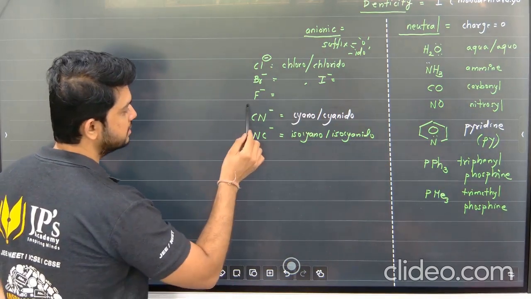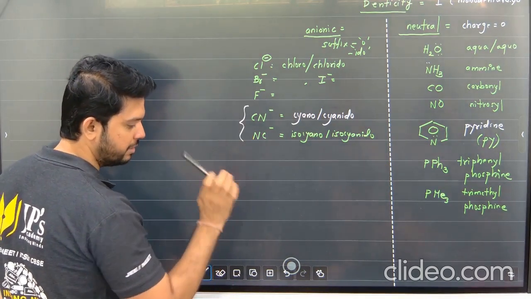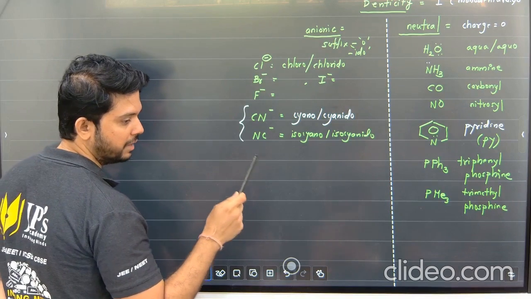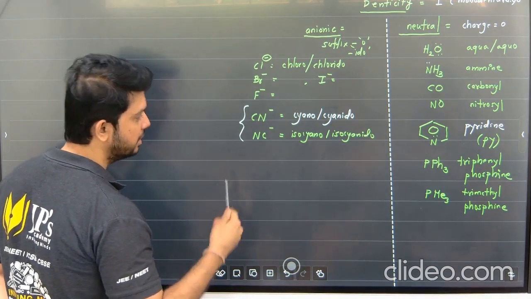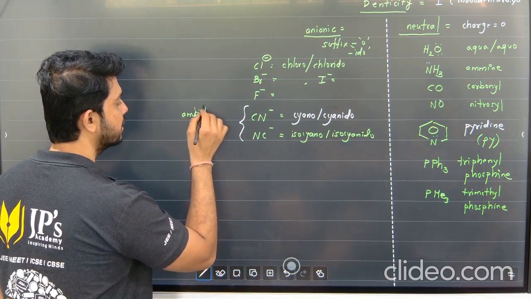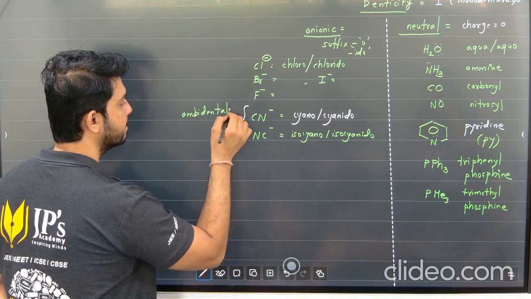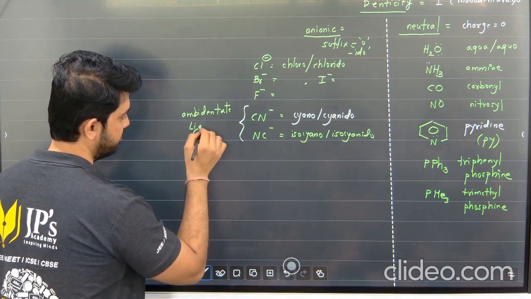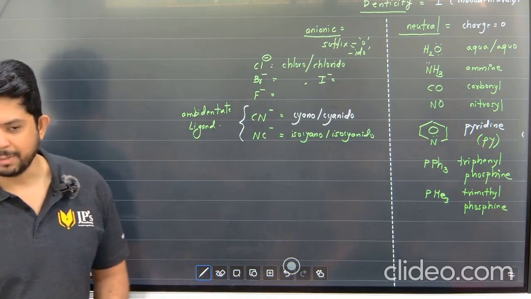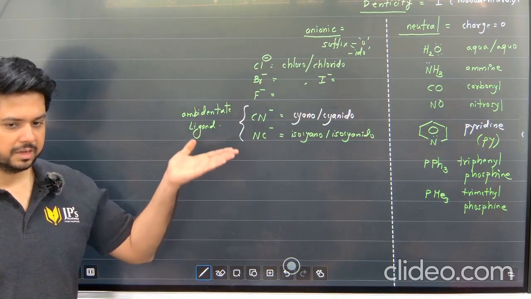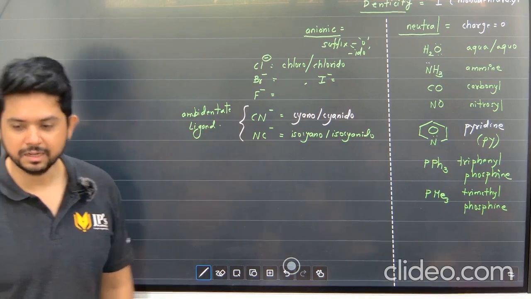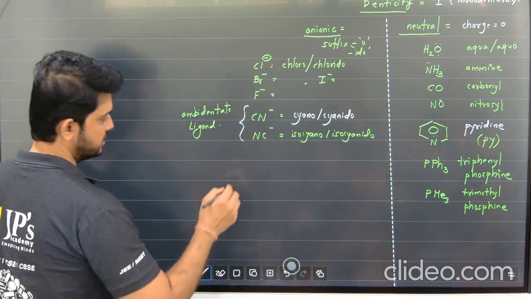Both of them have denticity 1, but the donor atom can be carbon or nitrogen. Such ligands are called ambidentate ligands. So what are ambidentate ligands? Ligands where the denticity is the same but the donor atoms can change.